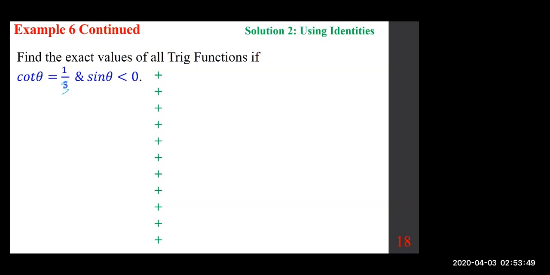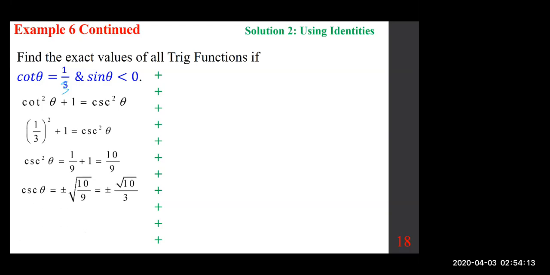I will mention a different method in a moment, but for now, tangent is easy, it is the reciprocal. We can find the rest of them using this identity. Cosecant becomes plus minus 10 over 9, or plus minus square root of 10 over 3.